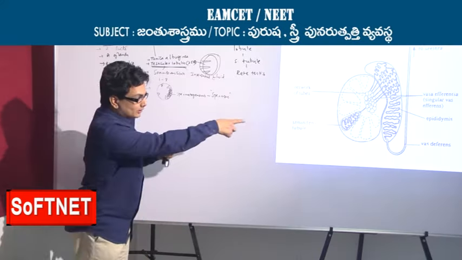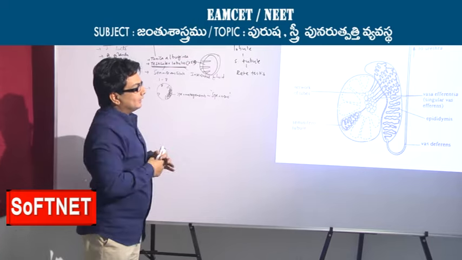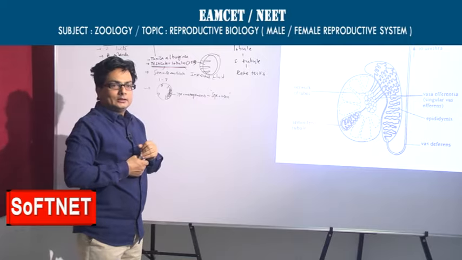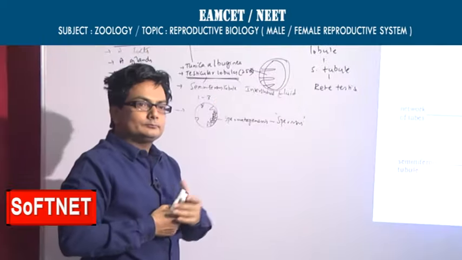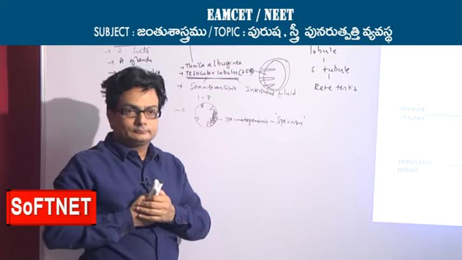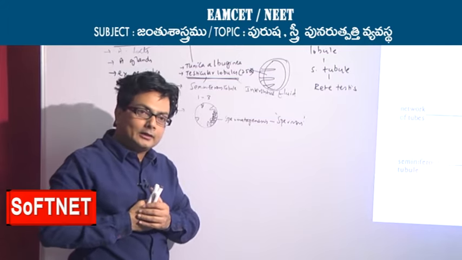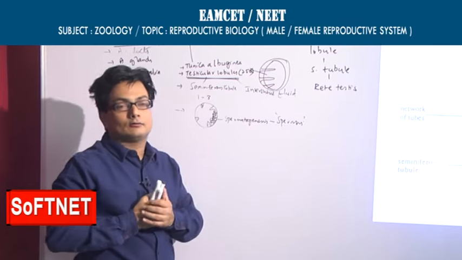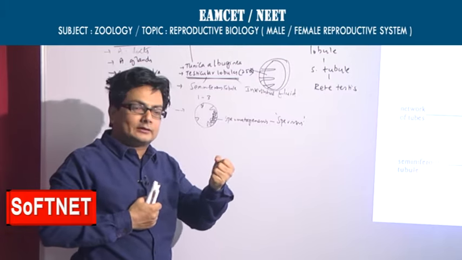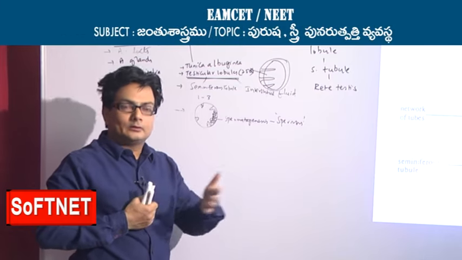As it comes out of the scrotum and moves up, it winds around the urinary bladder, and as it proceeds it receives the content of the seminal vesicle. Once it receives the content, the duct is called the ejaculatory duct, and that opens into the urethra.